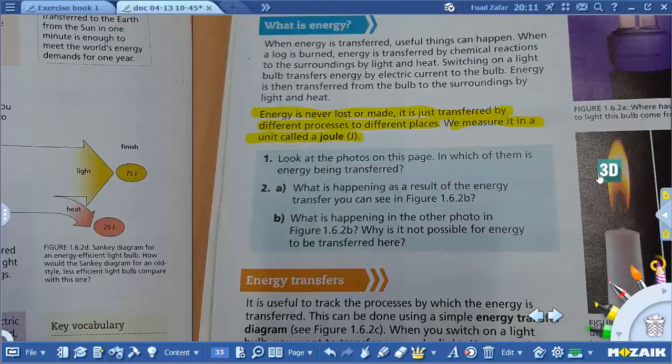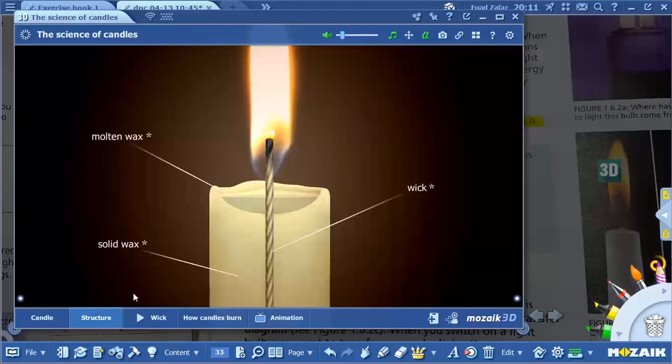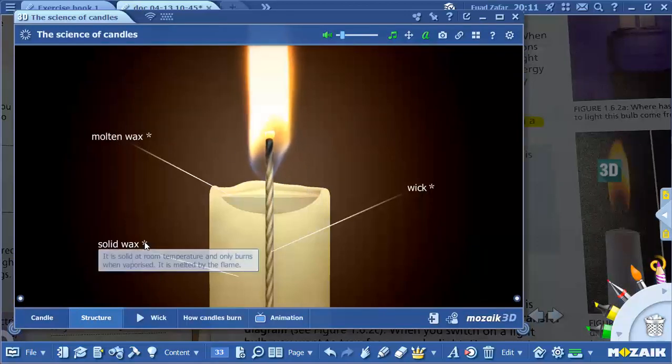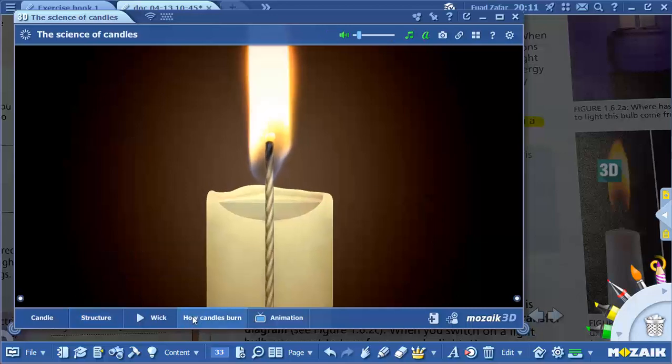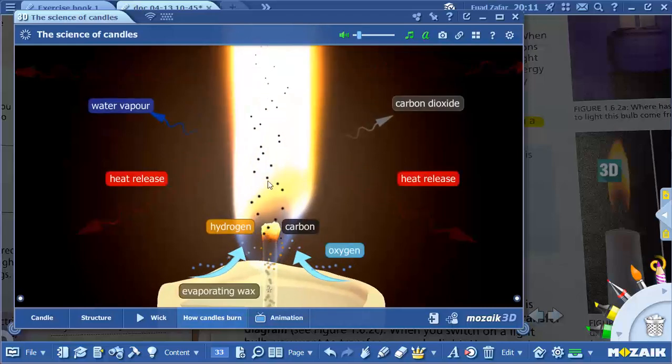I'll show you how a candle actually works. We'll take an example of it here. You can see molten wax. You have solid wax here. It is a solid at room temperature and only burns when vaporized. It melts by a flame. Then how does a candle burn? Let's see. This is heat transmission.